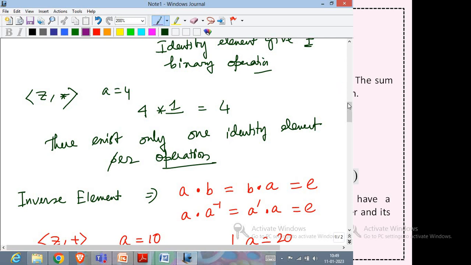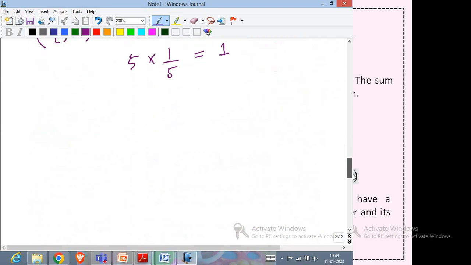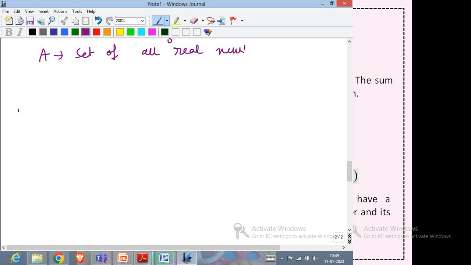Please make a note of this question. I'll write it in short because of lack of time. But let's see whether you are able to understand. Let A be a set of all positive real numbers, and see this carefully.